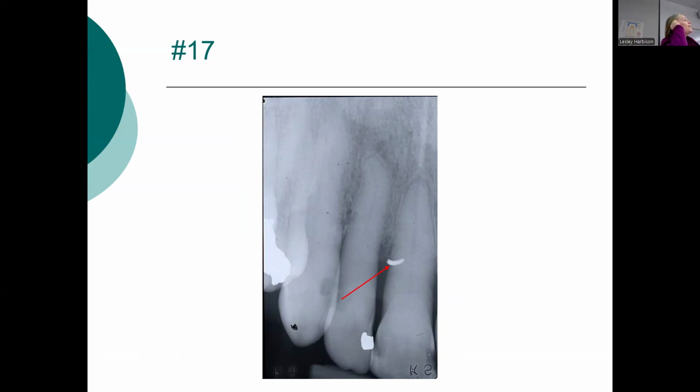We have these cool little magnetic instruments. Sometimes it comes out of the pocket if it's not very deep, and other times if it's deep, you stick a magnetic instrument in there and it attaches. You have to be really deliberate and careful, and don't over sharpen your instruments because that can happen.